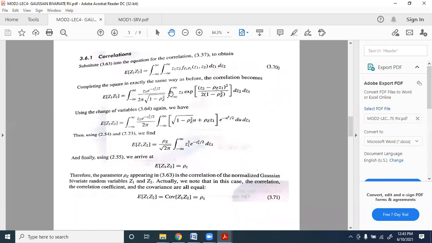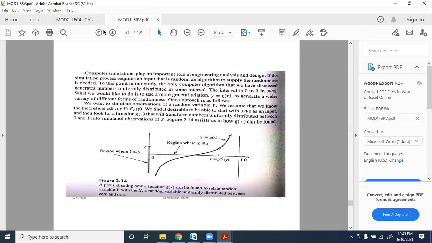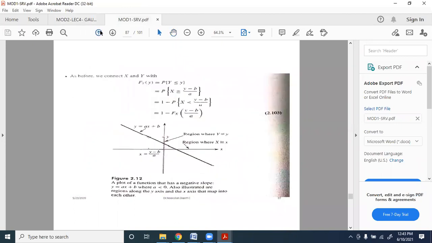Further, by using the change of variables of 3.64, we will get it like this. So at the end, using 2.54 and 2.53, which are the values we have considered here.